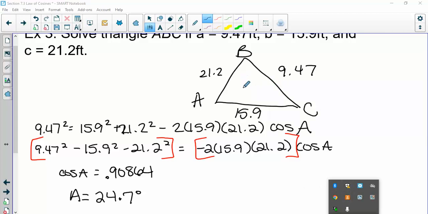Now if I need to find my others, we have options. We have to get another angle. So we could either do this again or we could do law of sines. With law of sines, we have to consider multiple triangles. We don't with law of cosines because cosine is only positive in quadrants 1 and 4. Can you have an angle in quadrant 4?